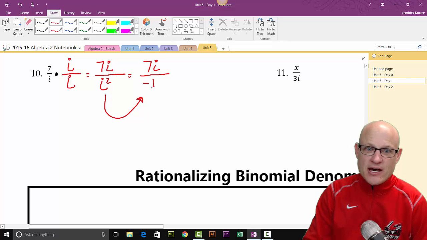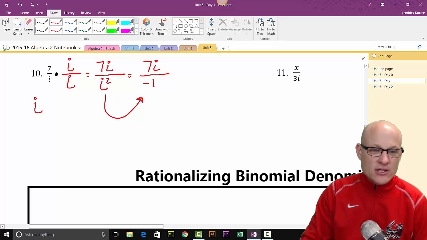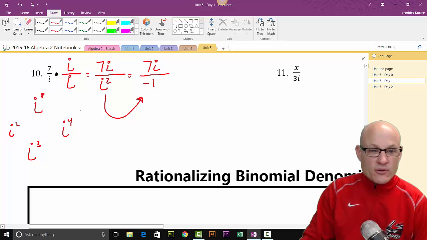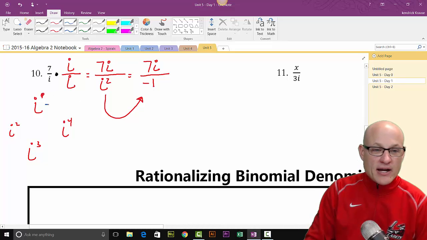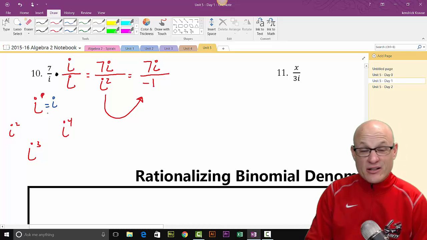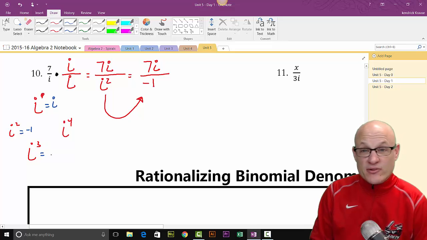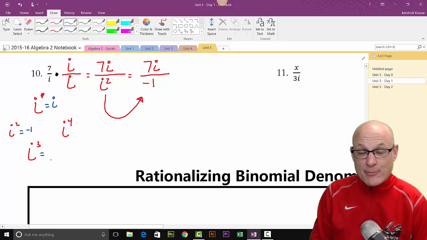Oh, yeah. Do you remember the i circle? A little trip down memory lane. i to the 1, i squared, i cubed, i to the 4th. If you remember correctly, i to the 1 is just i. That's really not very exciting. i squared is -1. And if you go to the opposite side of the circle, it's just the negation of the opposite side of the circle.